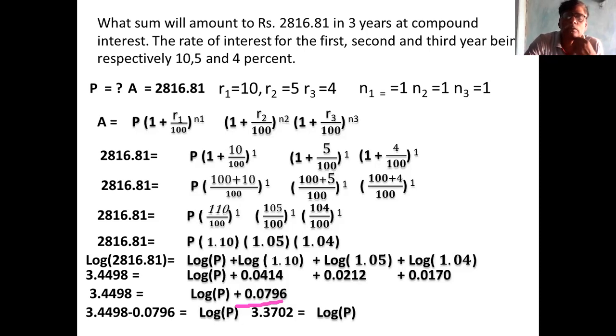What is the answer? 3702, 0.37 row, 0 column in the mantissa, mean difference 2. What is the answer?